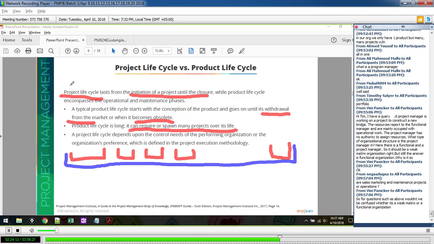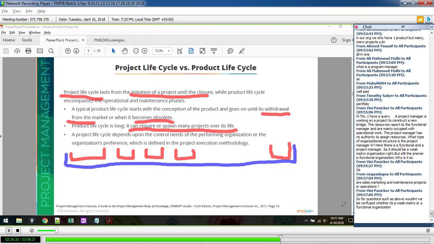Sales and marketing and maintenance, or operations, they're both operations, but if they need to make changes, they use projects. Remember, we use projects to administer change inside a business. So they are operations, but they take advantage of projects.